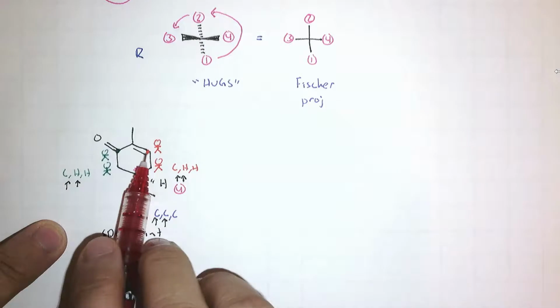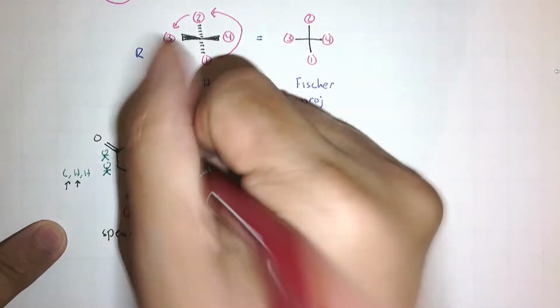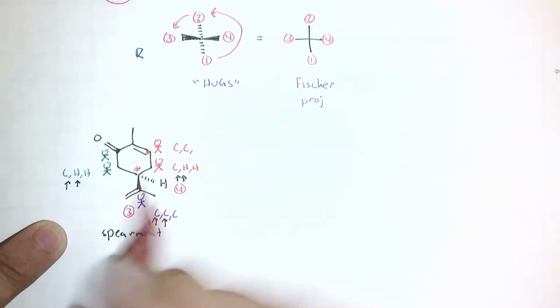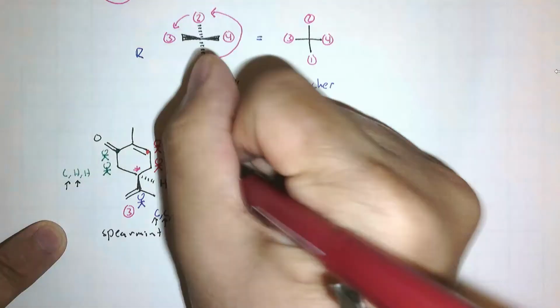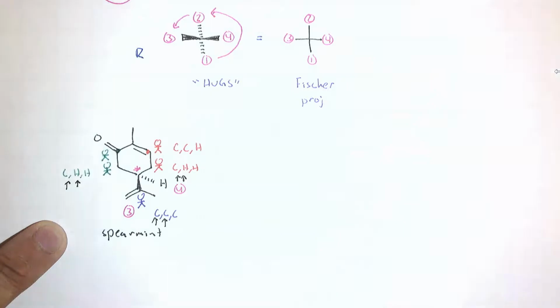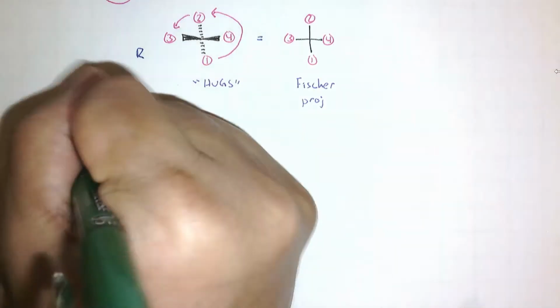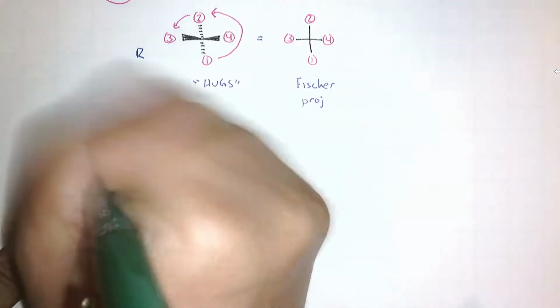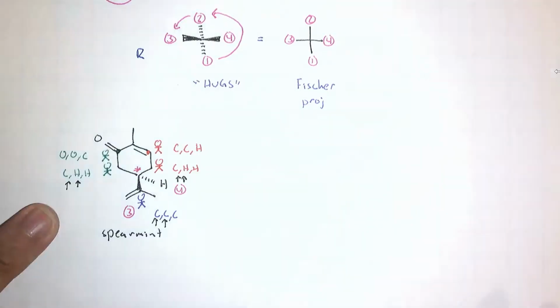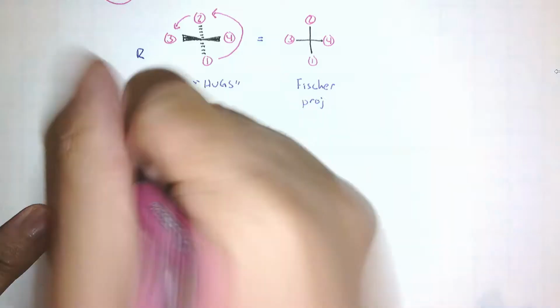Okay, this red stick figure is attached to a carbon doubly, and is attached to a hydrogen. This carbon is doubly attached to oxygen and then attached to a carbon. We have a winner between red and green. The green is the winner between red and green.